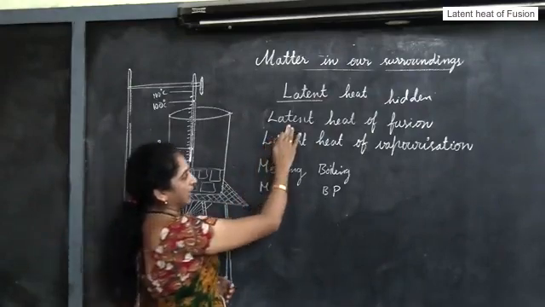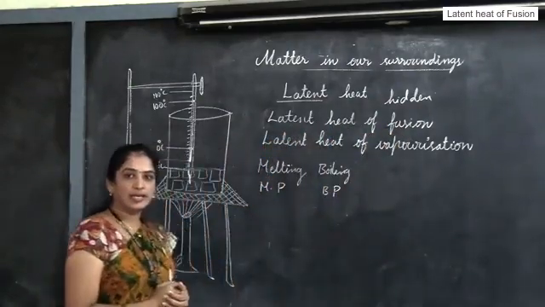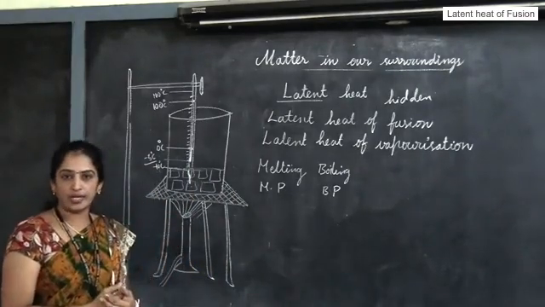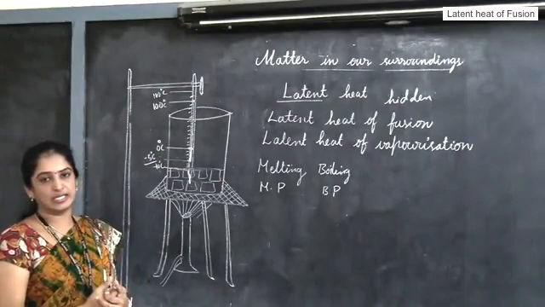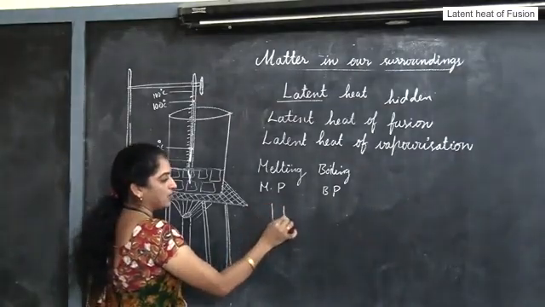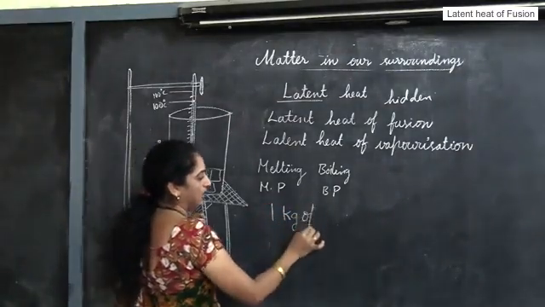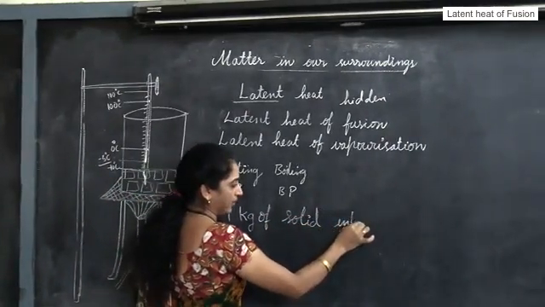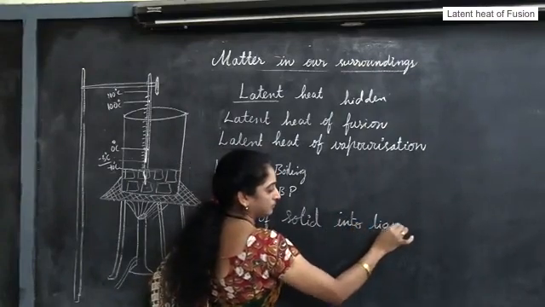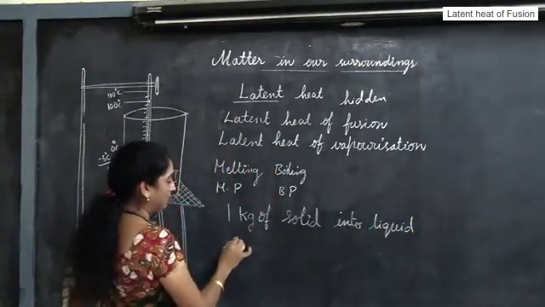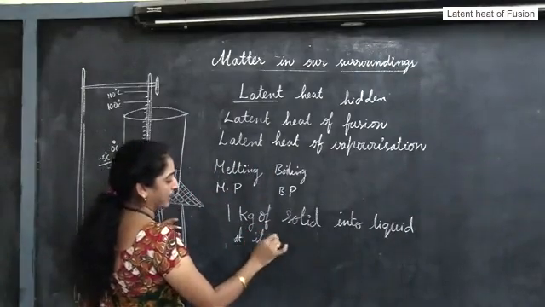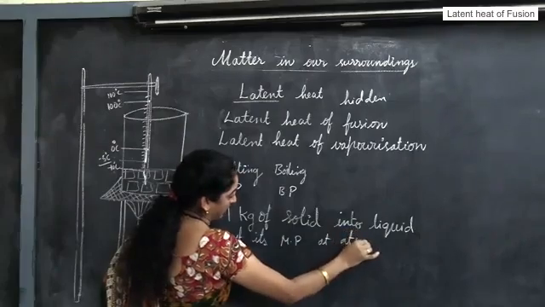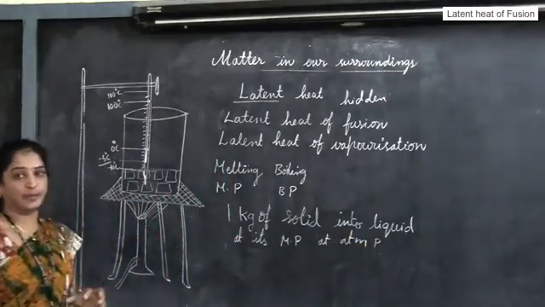So what is meant by latent heat of fusion? The amount of heat energy required to convert 1 kg of solid into liquid at its melting point and at atmospheric pressure.